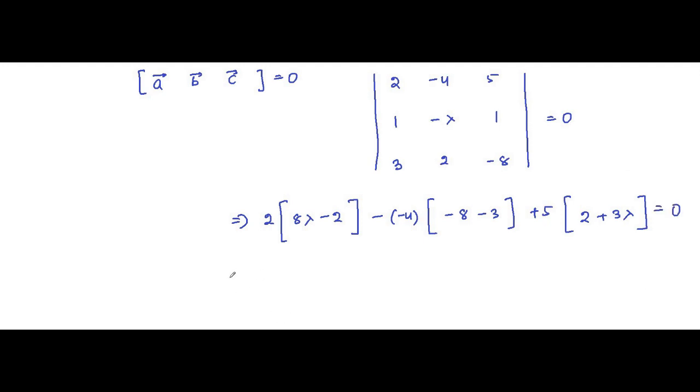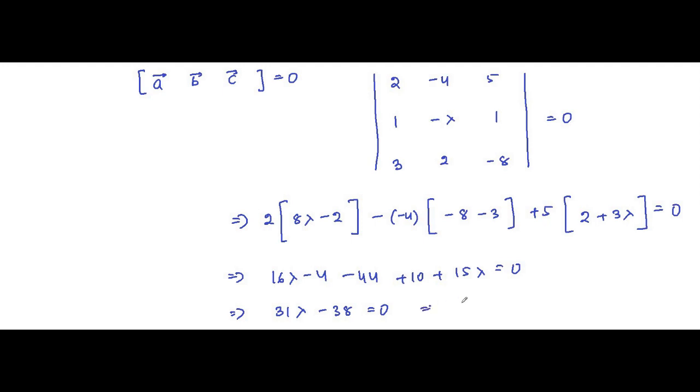That implies 16 lambda minus 4 plus 4 into minus 11, which is minus 44, plus 10 plus 15 lambda, equal to 0. That implies 16 plus 15, that is 31 lambda, minus 48 plus 10, that is minus 38, equal to 0.